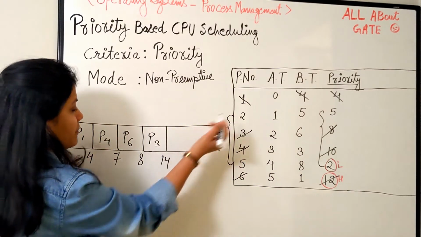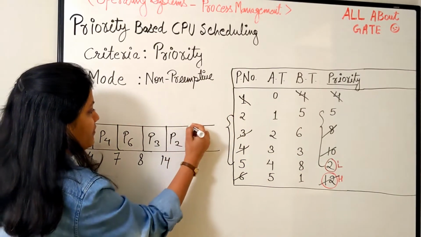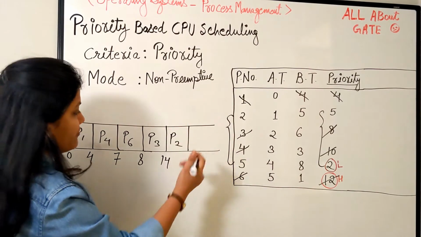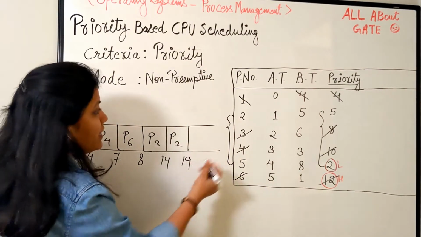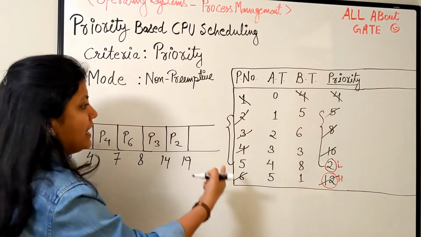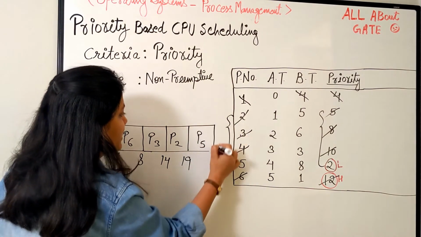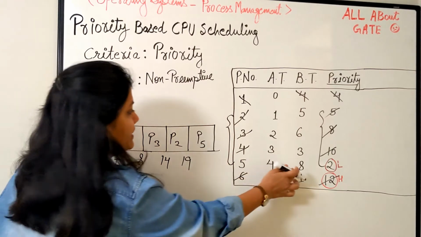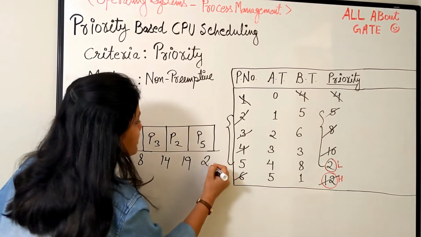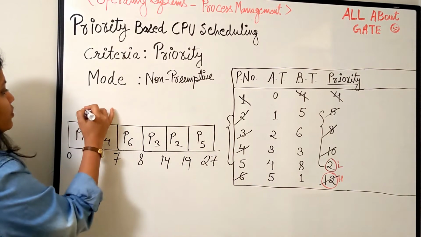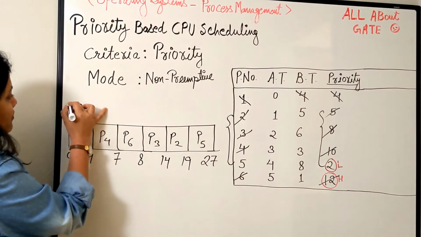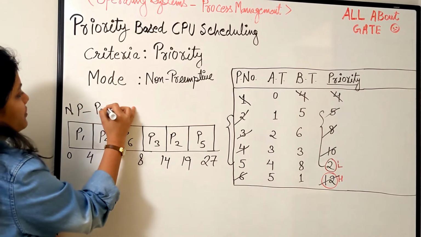So take process 2 with priority 5, which needs 5 bursts, 14 plus 5, 19. That is also finished. The last to get scheduled is P5 with the lowest priority, and it needs 8 bursts, so 19 plus 8 is 27. This is how we do it with non-preemptive priority scheduling.